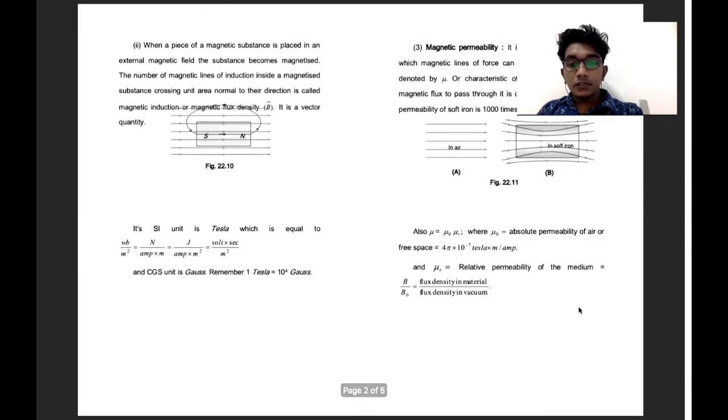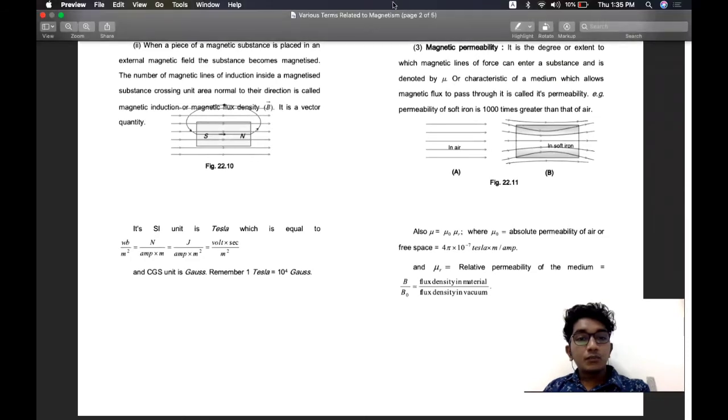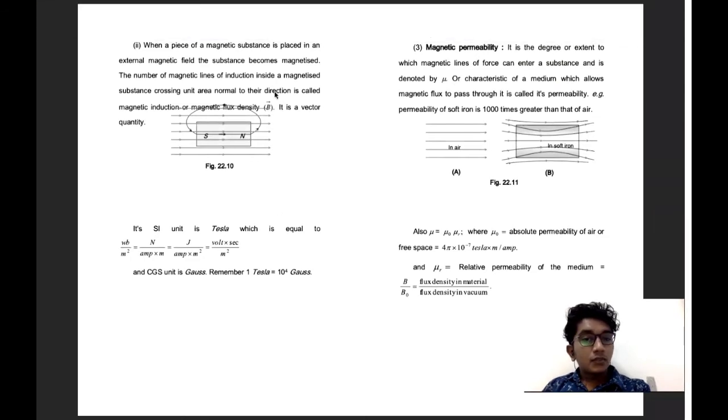See this. When a piece of magnetic substance is placed in an external magnetic field, the substance becomes magnetized. The number of magnetic field lines induced in the magnetized substance crossing a unit area normal to their direction is called magnetic induction or magnetic flux density.